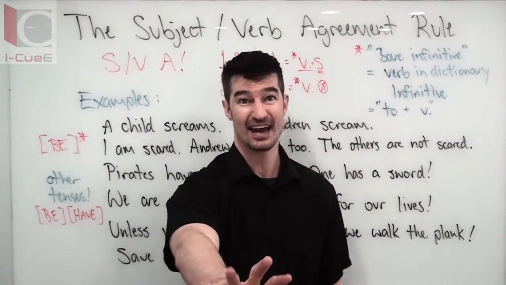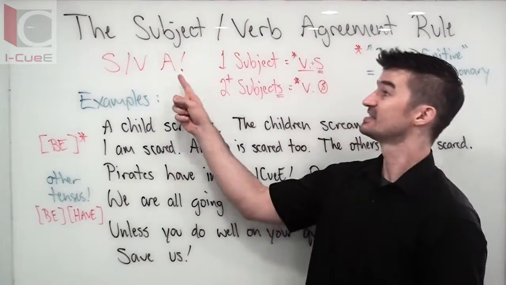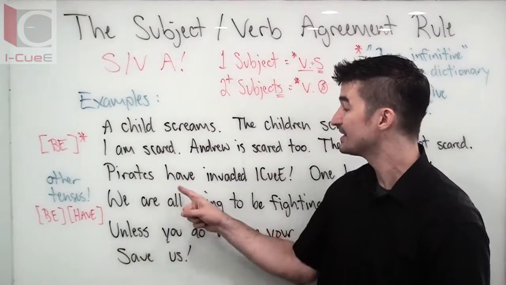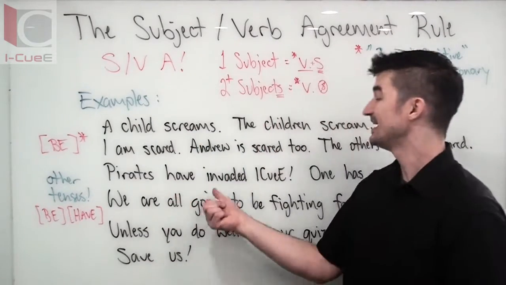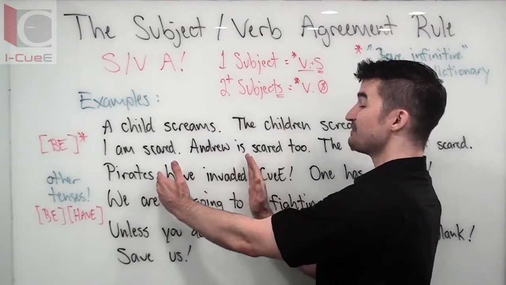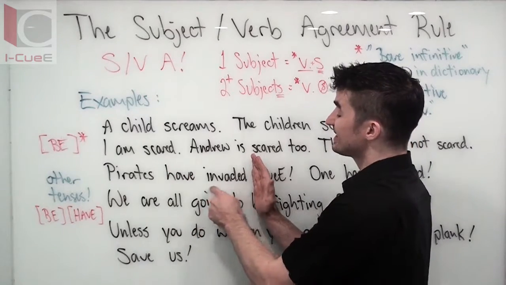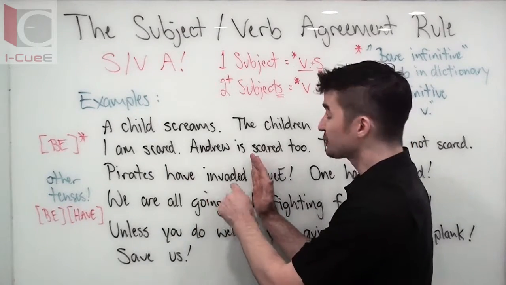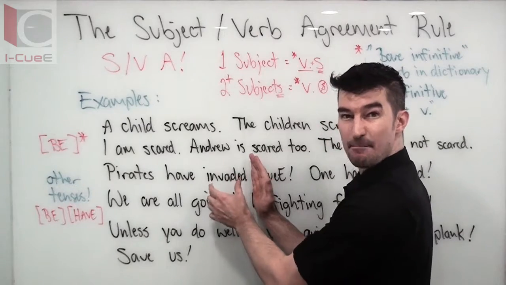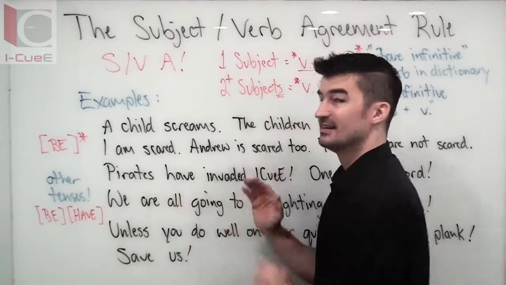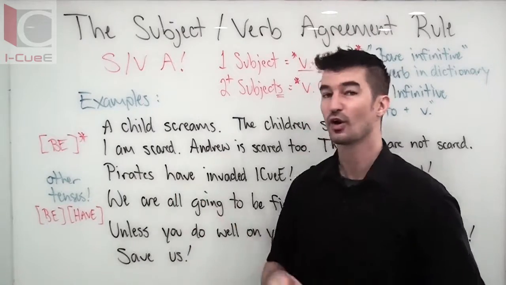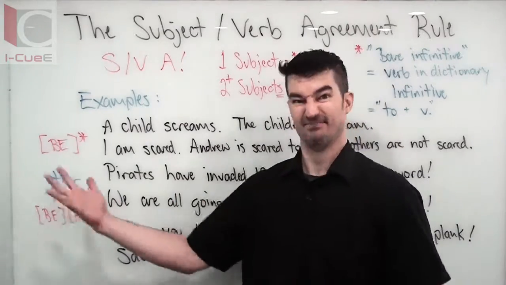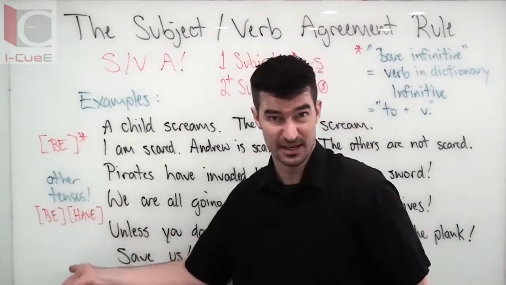We're not going to get into that, but you have to know subject-verb agreement. Pirates have invaded. This is my verb. This is part of the verb construction that always uses a past form, and then this is my first word that has to have subject-verb agreement.